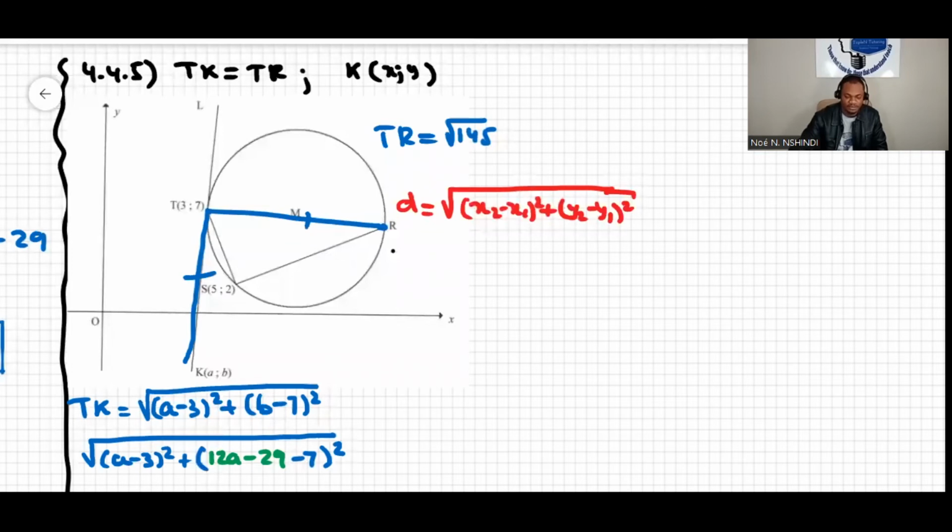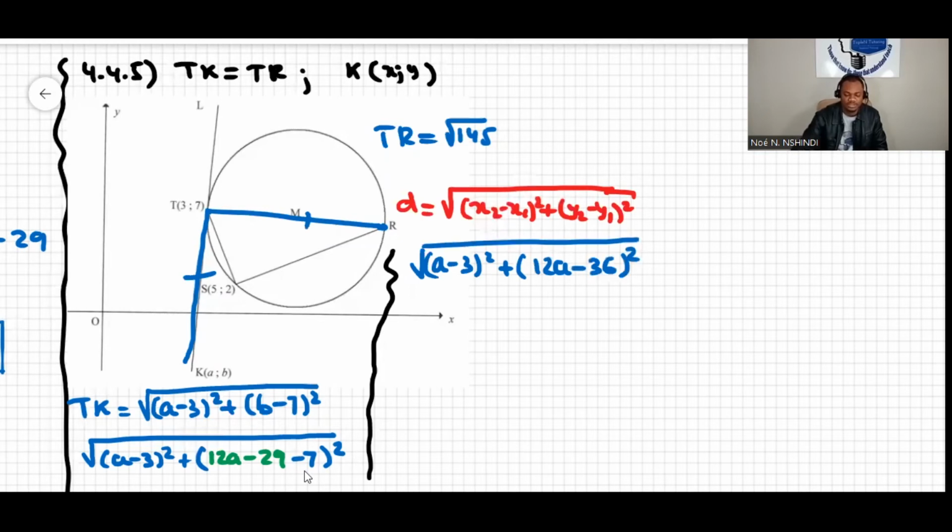Now we can continue and say this is the square root of A minus 3 to the power of 2 plus 12A minus 36 to the power of 2.